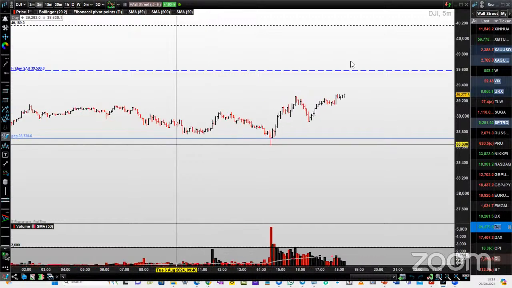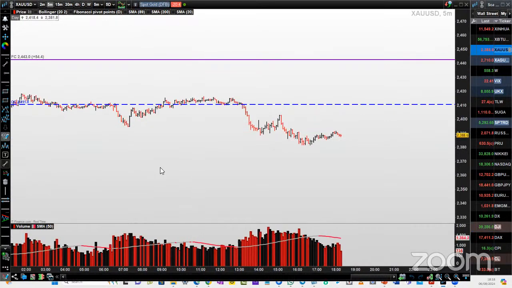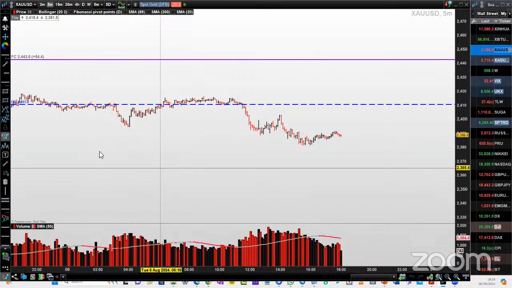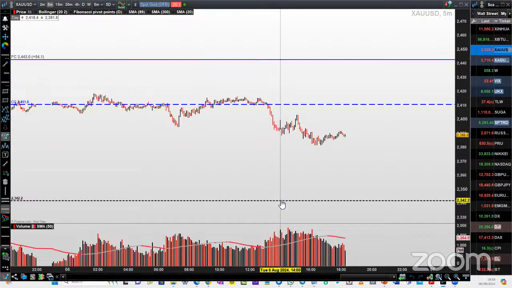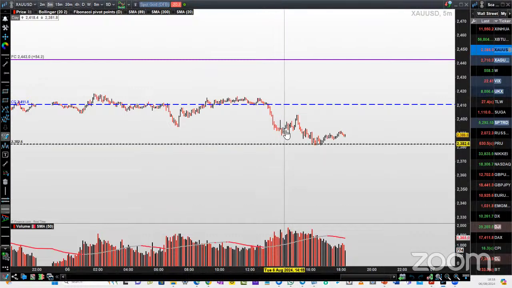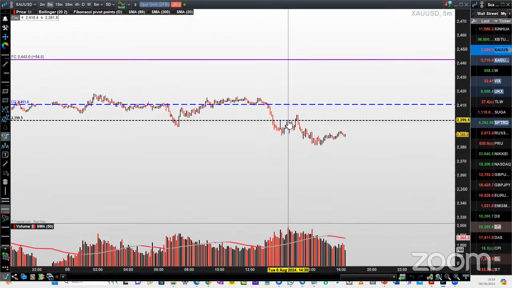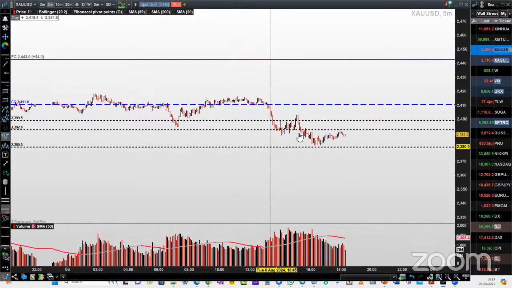Okay, let's have a look at gold. Gold looks a little bit like the FTSE. Let's have a look at the main volume comes in at 2 o'clock. So this is the 2 o'clock bar. So we pushed up.